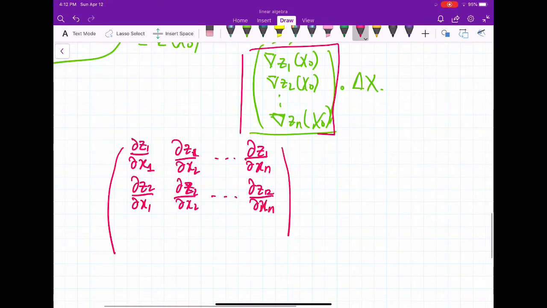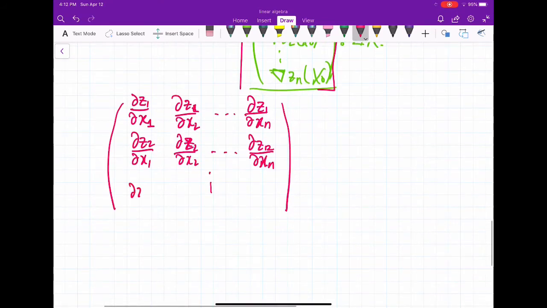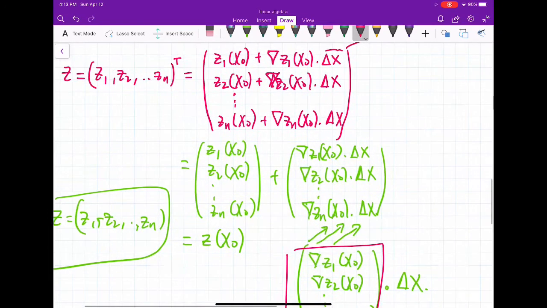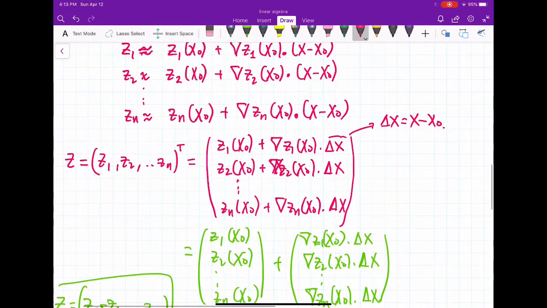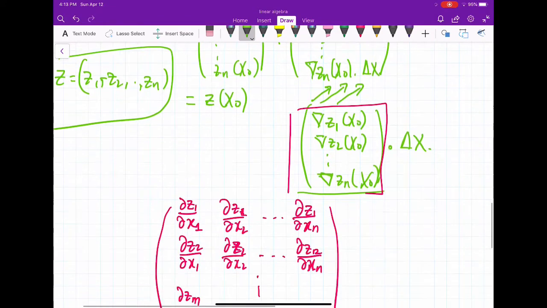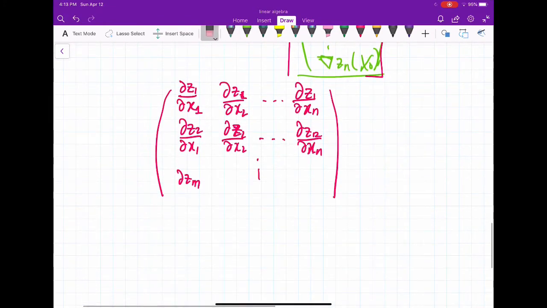And so on. The last one is for zm. Here we considered n functions and n variables. Let's change that a little bit: let's change the number n for the functions. We just have m functions. So I have zm here, and then the partial derivative of zm with respect to x2, and so on to the partial derivative of zm with respect to xn.